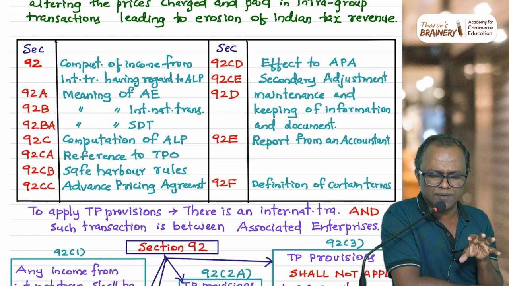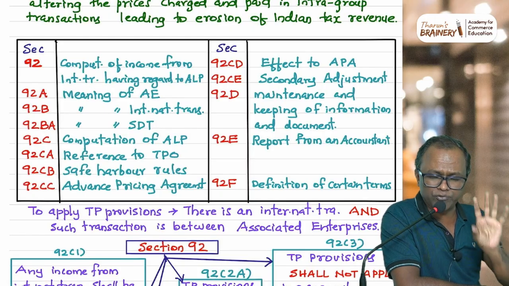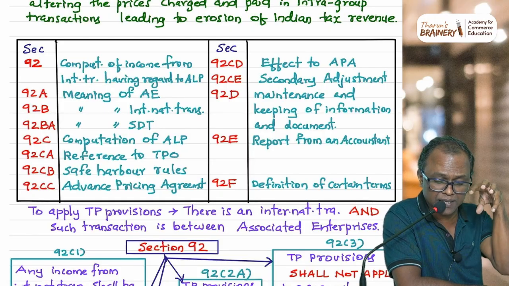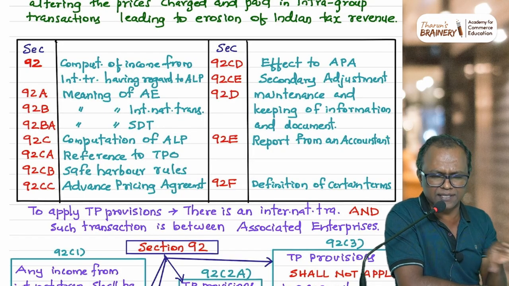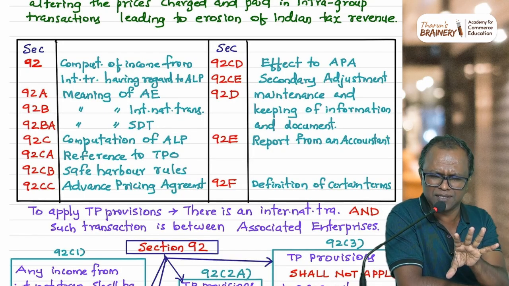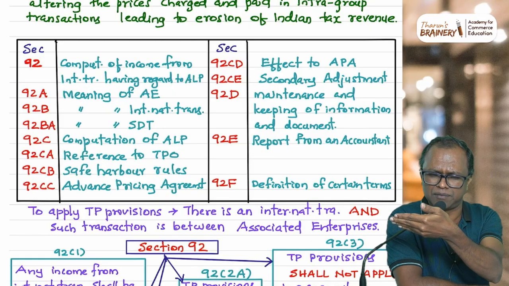The idea is that there is no need to find out the arm's length price again and again for each and every year when that international transaction is carried out. If you make the pricing as per the advance pricing agreement entered into between the department and the assessee, that is enough. This is purely assessee-wise; another person's advance pricing agreement cannot be used by another assessee with a similar business.